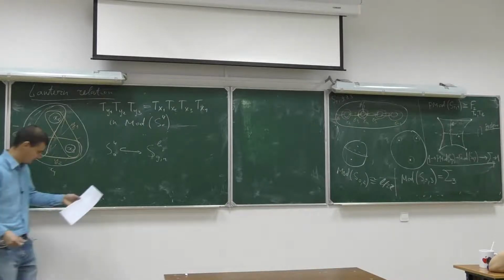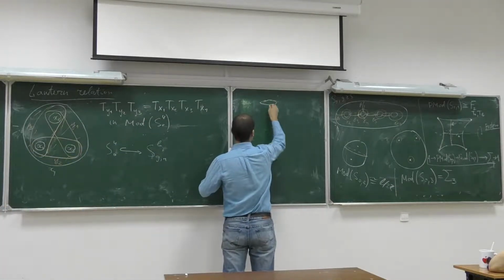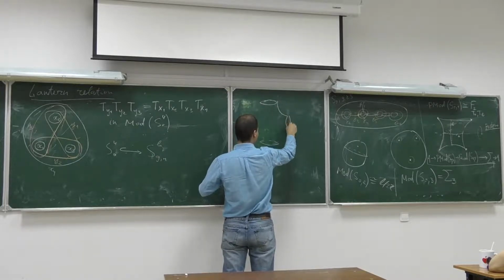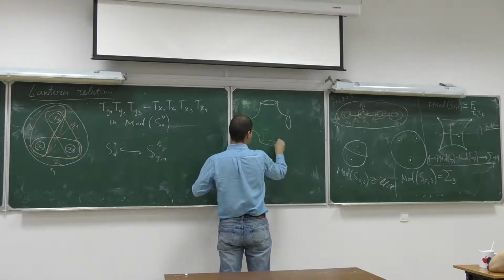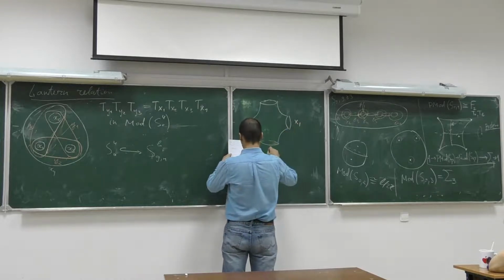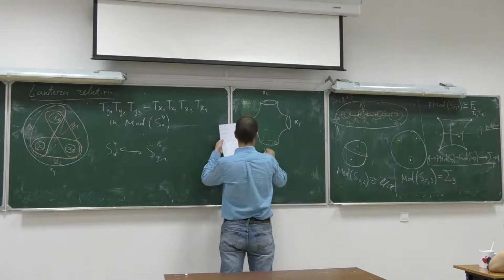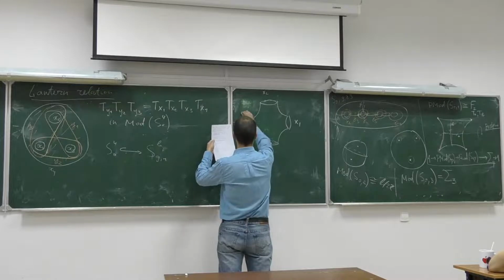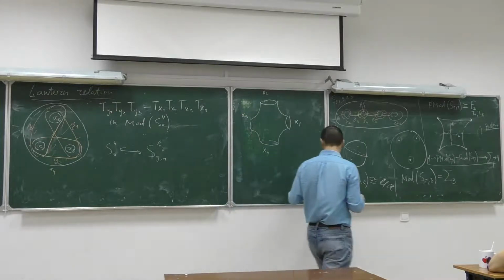The matter is that the same configuration of these 7 curves can be drawn in another way. We may put x1 here, x2 here, x4 here, and x3 here, and the curves are like that.